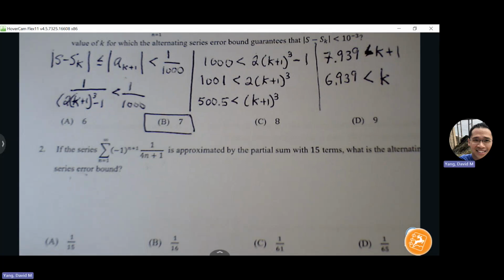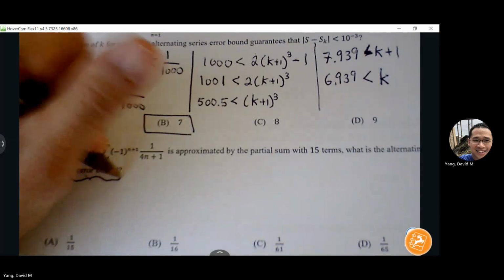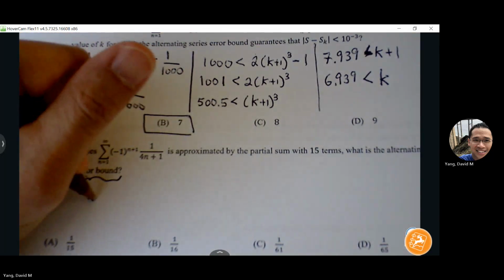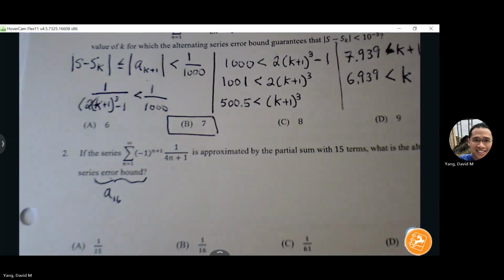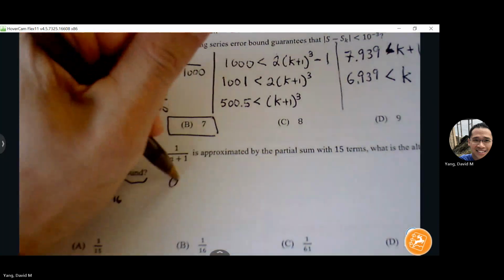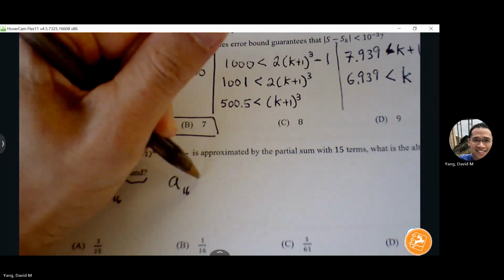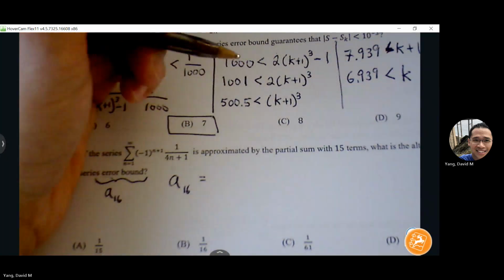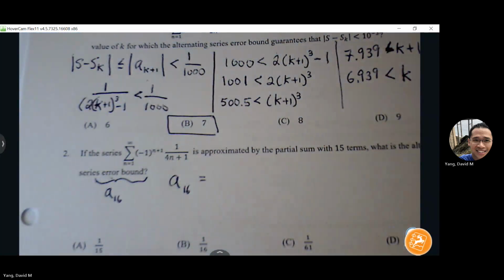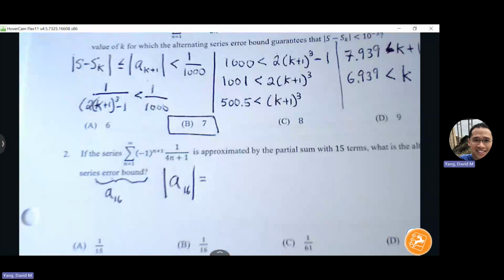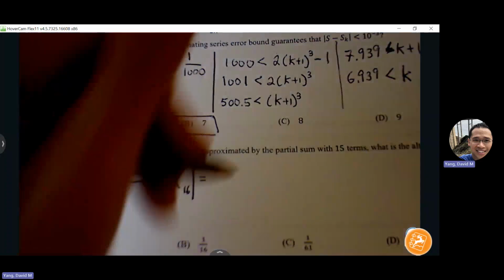A sub 16, the 16th term. Or actually, we only care about the absolute value of a sub 16, right?